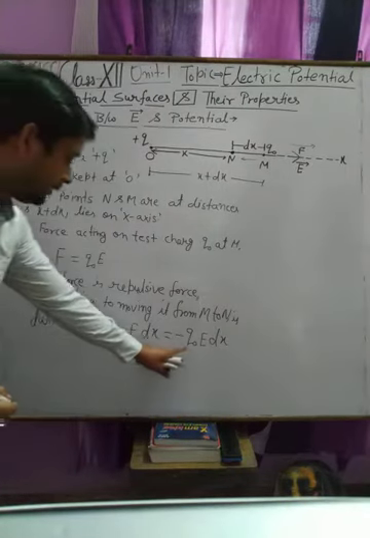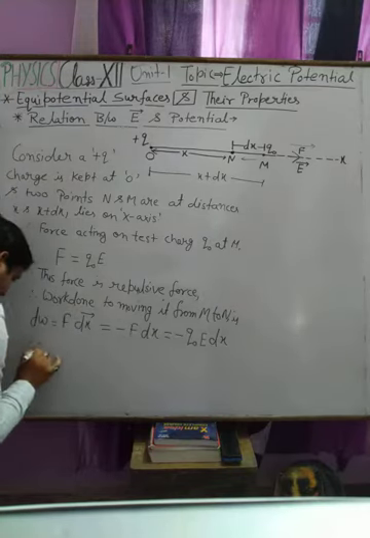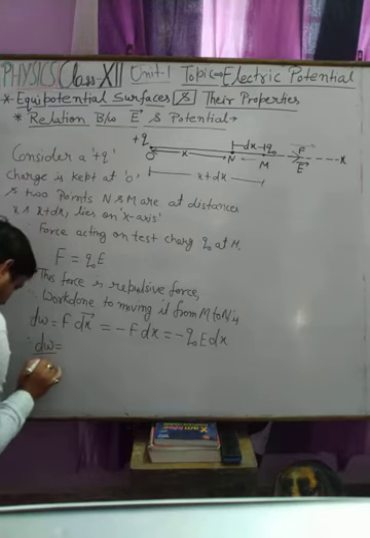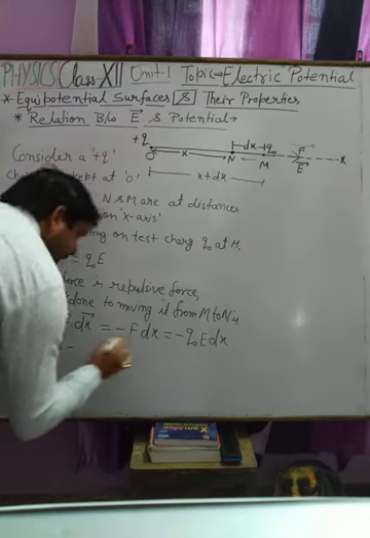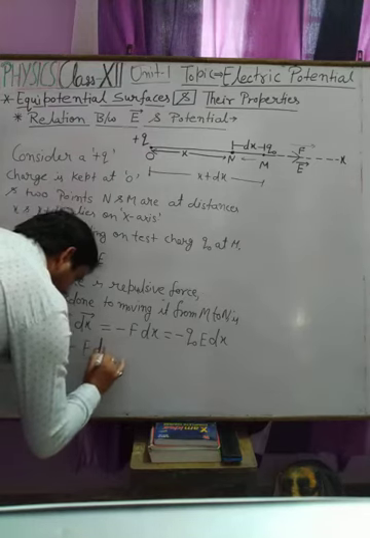Now this Q naught is transferred to the denominator of dW. Therefore, dW upon Q naught is equal to minus E dx.